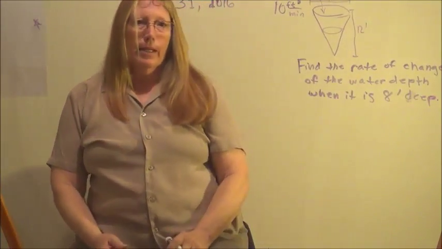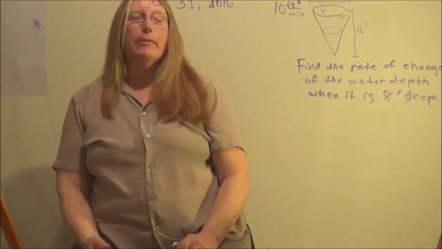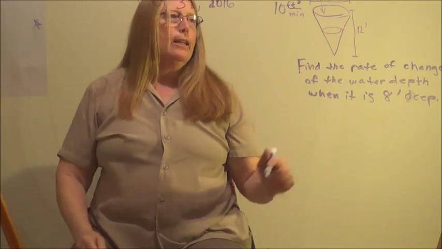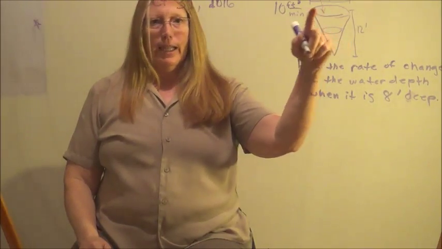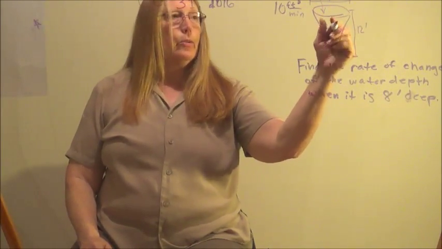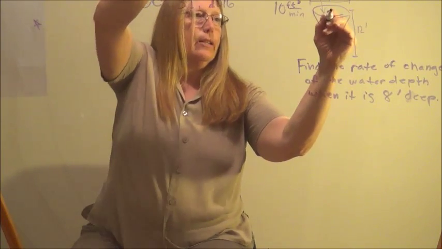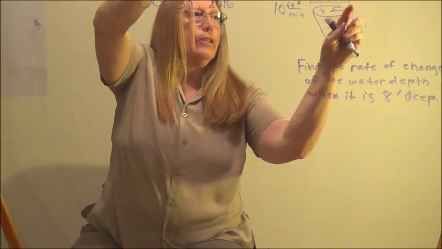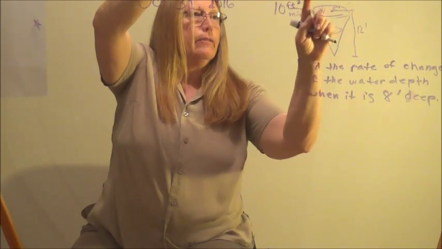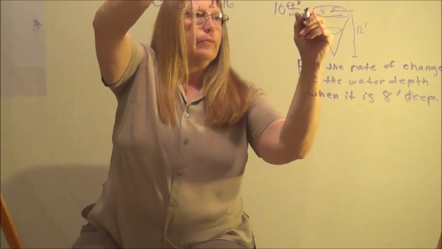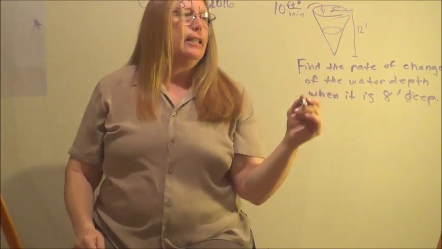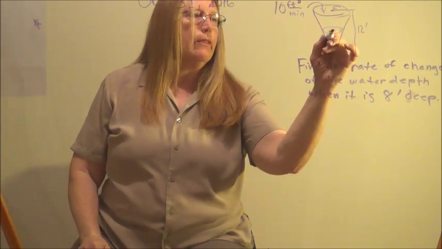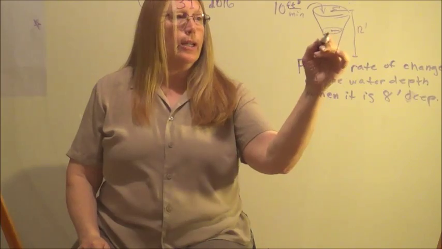All right, with that question, let's go ahead and make some observations. We're not usually interested in diameter, so we're going to switch to radius. So I'll put that in the picture: 5 feet, and I'm just going to erase the 10. I am also going to give a radius on the water level.